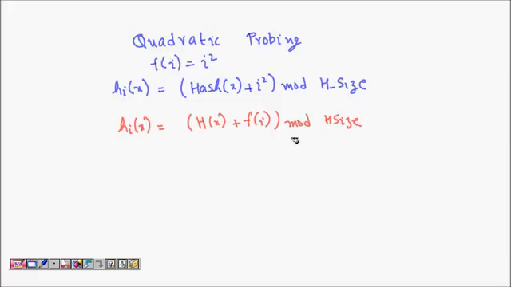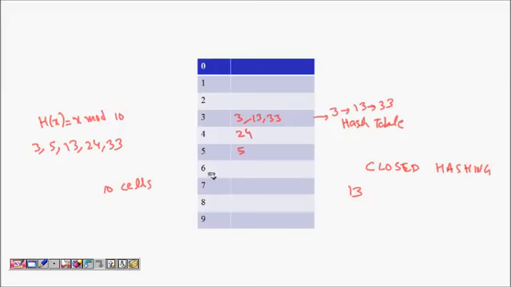Now we are using quadratic probing, where we probe for the next empty cell where I can put the element. So f(i) is equal to i square, and hence h_i(x) becomes hash of x plus i square. We use i square because linear probing had a problem of clustering. Let's see an example for quadratic probing.